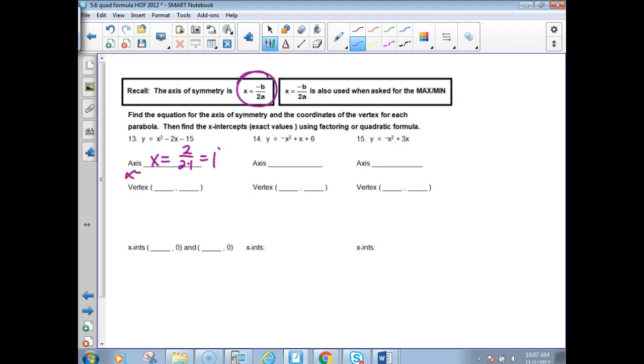Okay. That is the x value of the vertex. And then we're going to plug in 1 to get the y value. Okay, so y is going to be 1 minus 2 minus 15, which is -16.